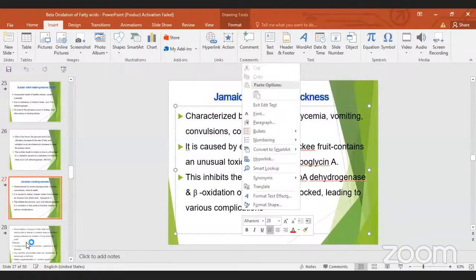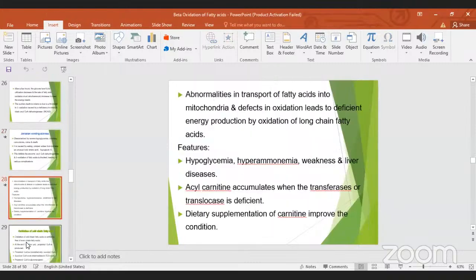Abnormality in transport of fatty acid into mitochondria, or defects in oxidation, leads to deficient energy produced by the oxidation of long chain fatty acid. What are the features?